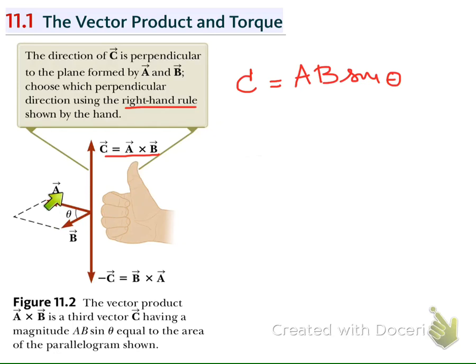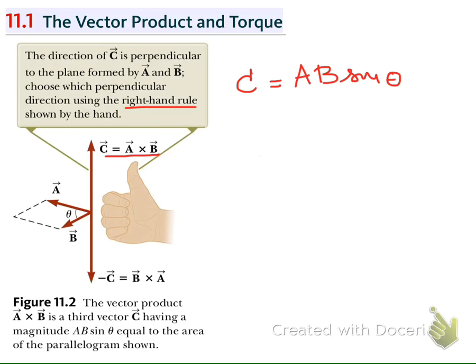The direction of A cross B, which is the direction of C, will point in the direction of the thumb, so it points in this direction. So that is for the direction of A cross B, and the magnitude of A cross B follows this definition.